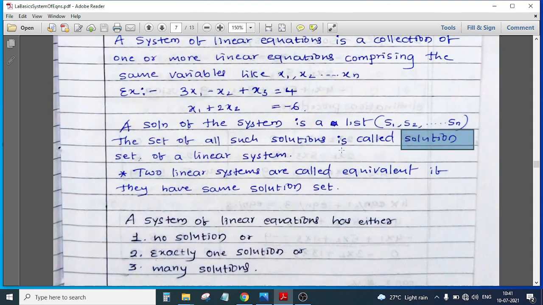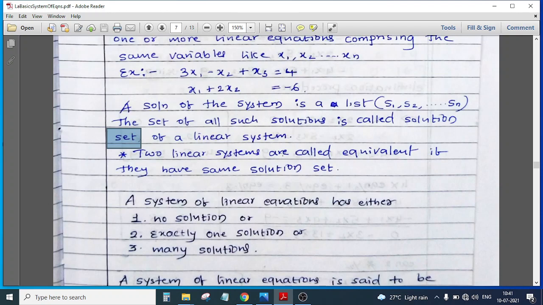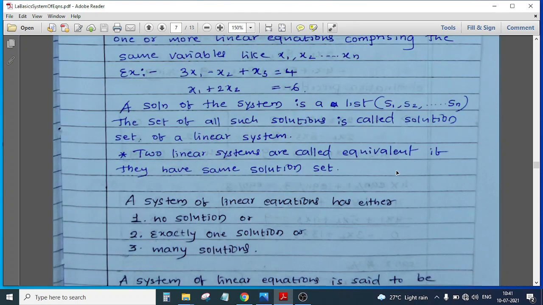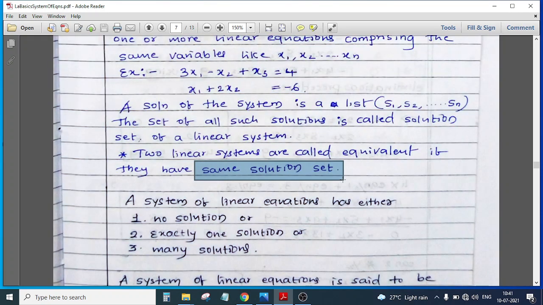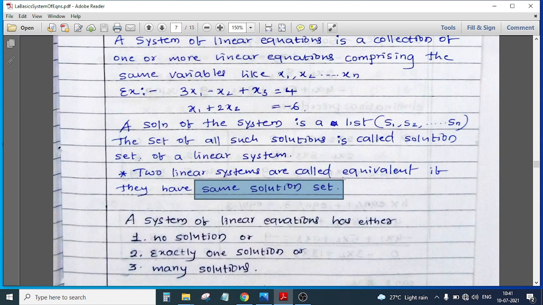Now, 2 linear systems are called equivalent if they have the same solution set. That means whatever answer you get by solving the first set of linear equations, and whatever answer you get by solving the second set of linear equations, if both are equal, then we say they have the same solution set.